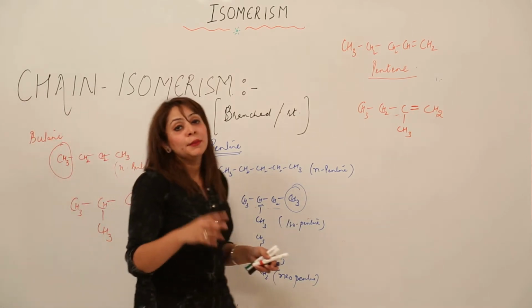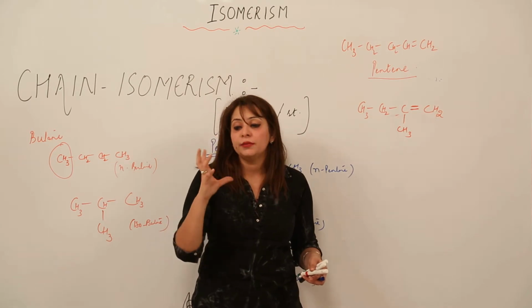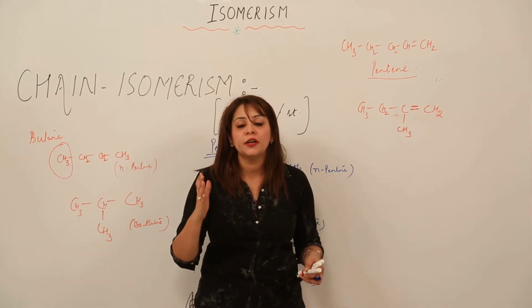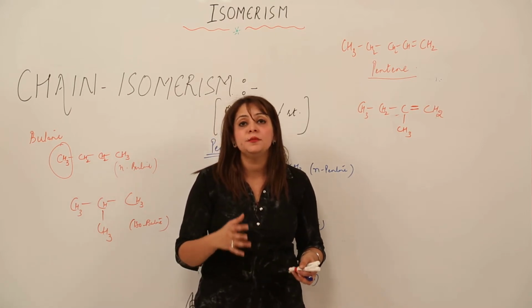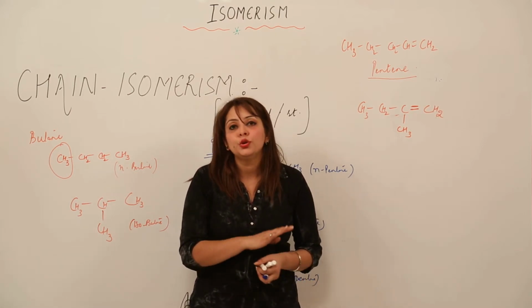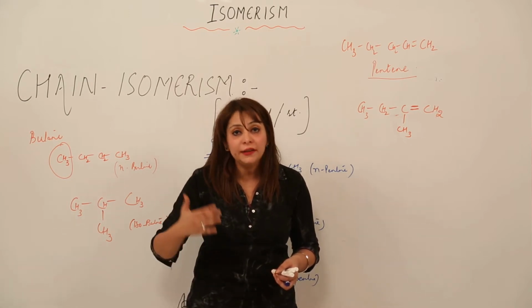So, this is how I have shown you that you can make chain isomers by just condensing the chain. But two things you have to keep in mind: to show chain isomerism, the chain must have a minimum of 4 carbon atoms, not less than that, because meth, eth, prop do not show this kind of isomerism, because they cannot be further condensed.